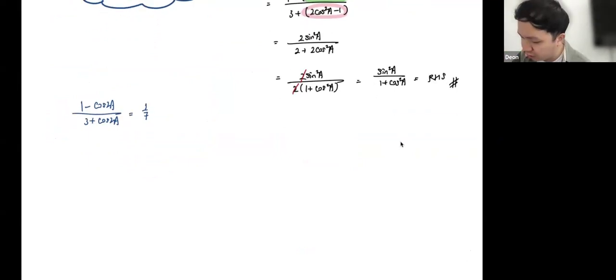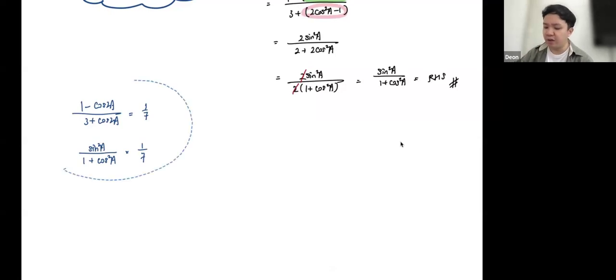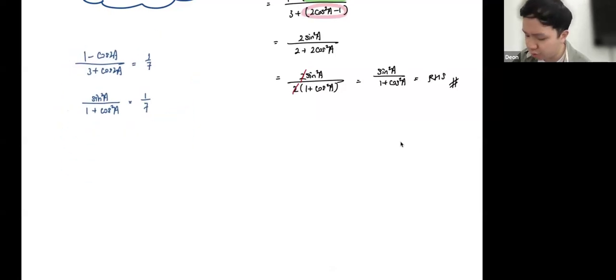So using the formula, I get sine square a over 1 plus cosine square a equals to 1/7. That's the whole point that they wanted us to prove it in the first place. If not, they wouldn't have done it. So I got 7 sine square a equals to 1 plus cosine square a. Cross multiply.